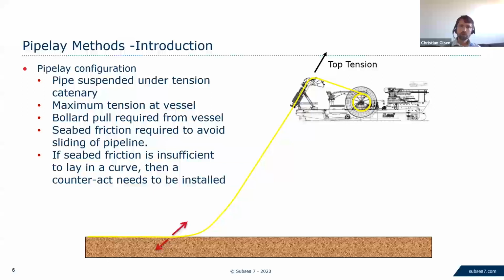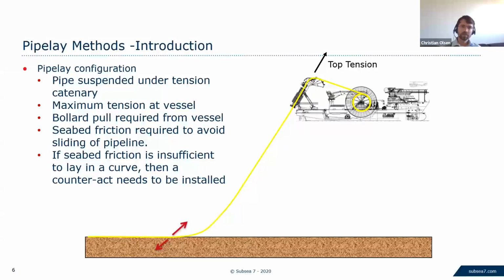So when you lay a pipeline, you have some top tension. And if you lay straight, then everything is going fine. But if you lay it in a curve, then there needs to be friction on the seabed. Otherwise, the pipeline will start to slide and just follow the vessel, and that's inconvenient.